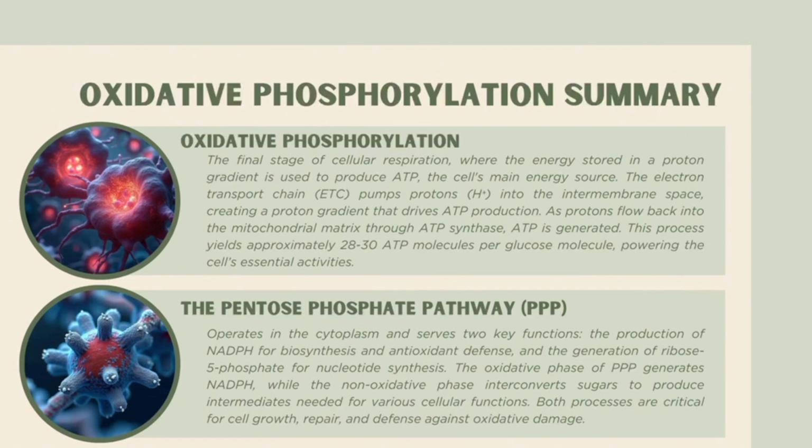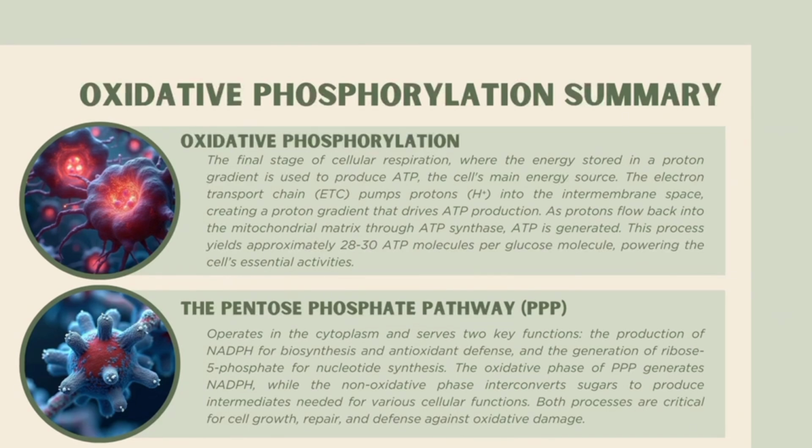This gradient, a form of stored energy, drives ATP production. So, the ATP synthase mechanism: protons flow back into the matrix through ATP synthase. This flow rotates the ATP synthase, converting ADP and Pi into ATP.